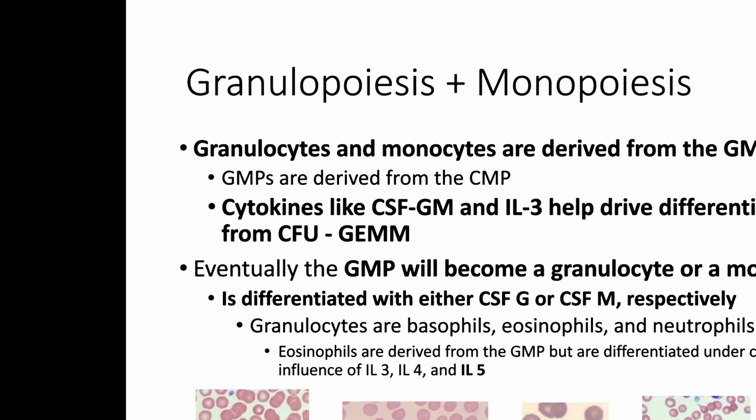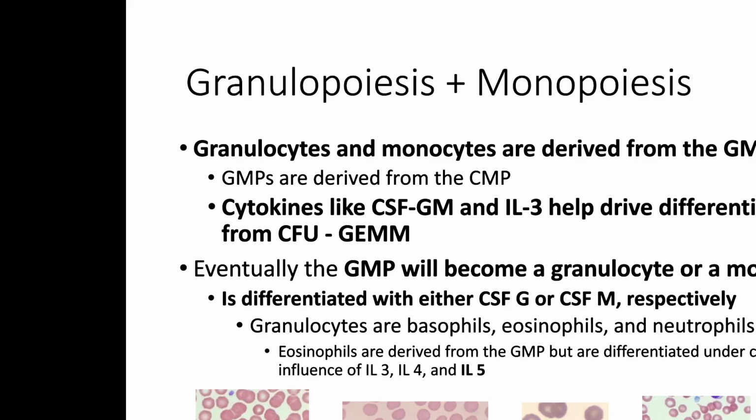Granulocytes and monocytes come from the GMP, which comes from the CMP, as well as the BFU-Es. Cytokines CSF-GM and interleukin 3 will drive differentiation from the CFU-GEMM. The GMP will either become a granulocyte or monocyte, and that will be induced by either CSFG or CSFM, respectively.